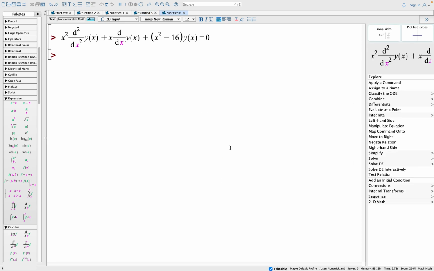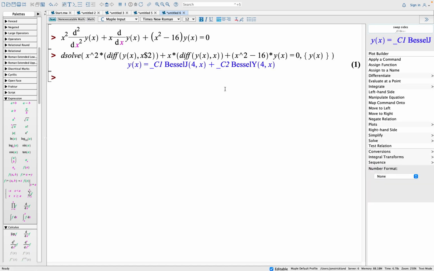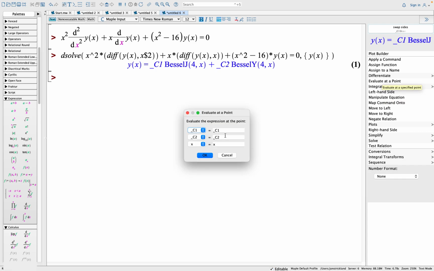Looking at what we have with the coefficient of the y term at the end with the binomial x squared minus 16, if I solve for y of x, I'm interested in just the Bessel function of the first kind, and the 4 indicates the order, and looking at eliminating the presence of the Bessel of the second kind, I'm going to set C of 2 equal to 0.